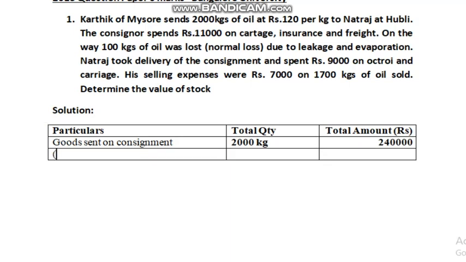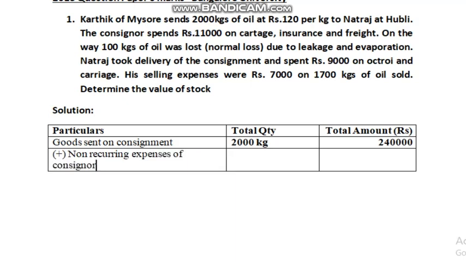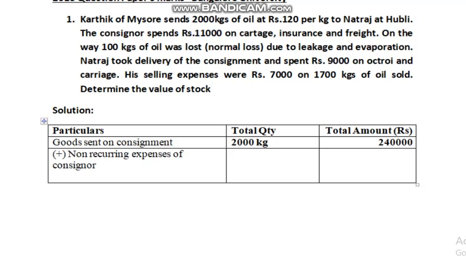Now for that, add non-recurring expenses of consignor. Here the consignor spends 11,000 towards cartage, insurance and freight. So this is the non-recurring expenses of consignor: cartage, insurance and freight.